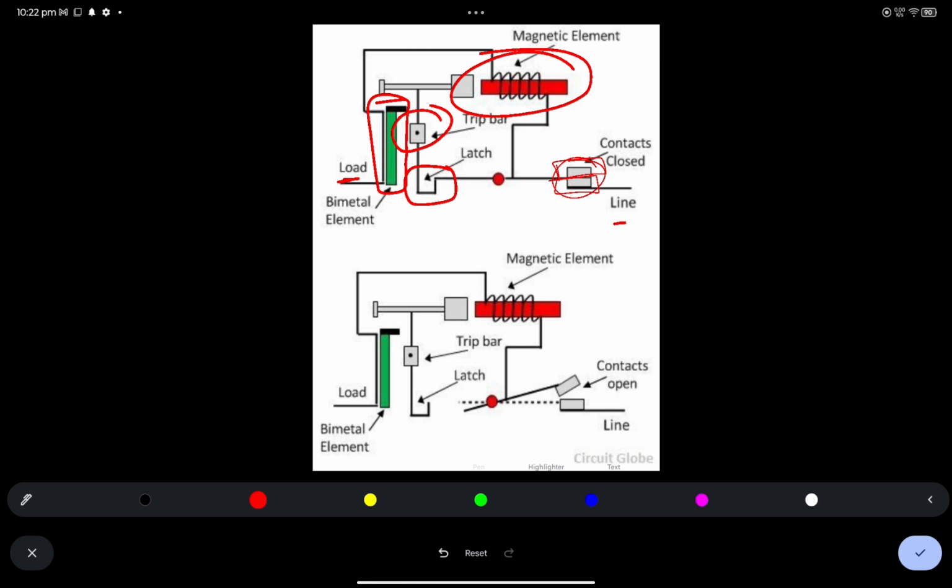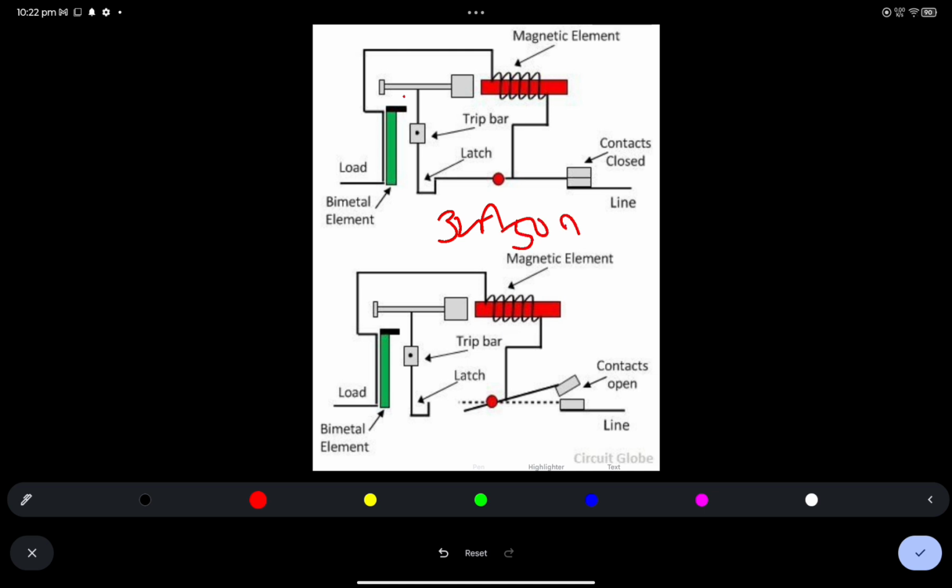Let us understand how these parts work, right? When there is an overflow of current beyond the rating, for example, it is 32 amps and there is a flow of 50 amps, which is overcurrent, the bimetal strip slowly starts heating up. It starts to curve, meaning it starts bending towards the strip, right?